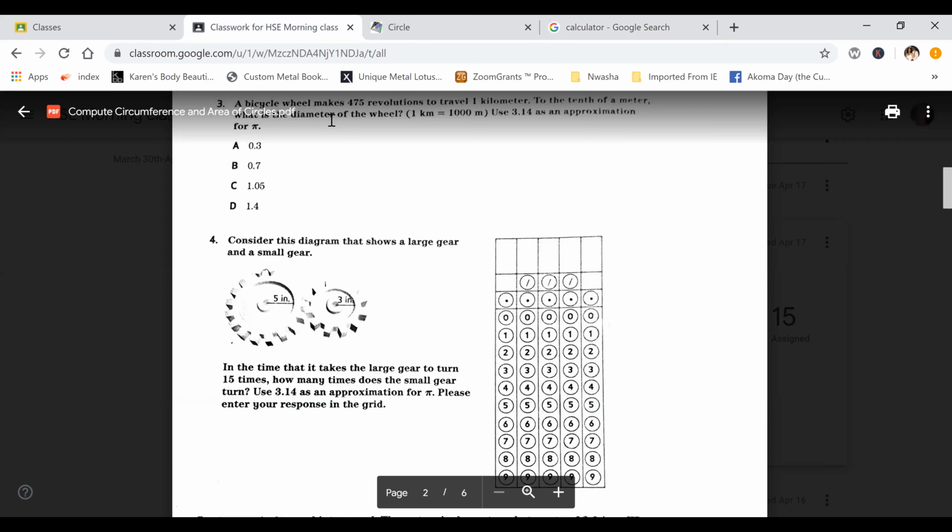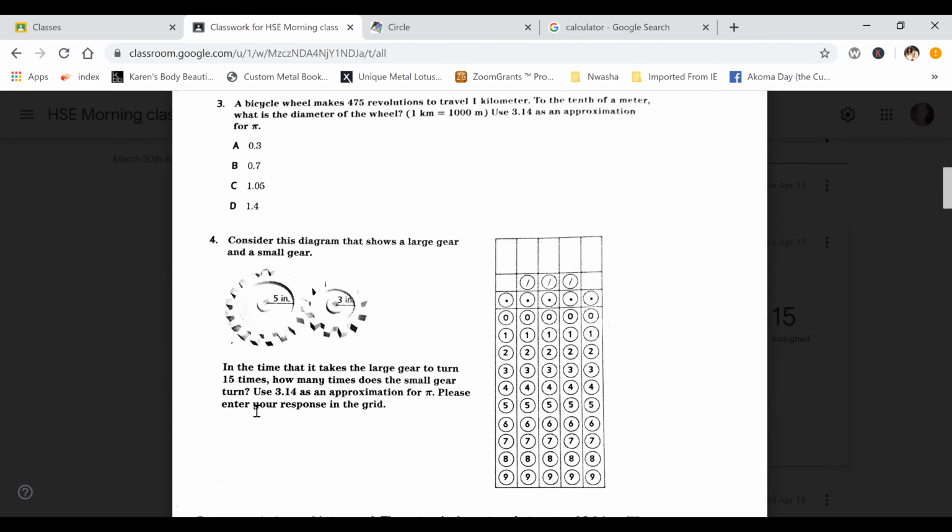So this one might have been like a more challenging one. There's a lot of steps to do. First, you have to recognize that you need to use the diameter. So that's step 1, is to multiply the 3.14 times 10 times 15.